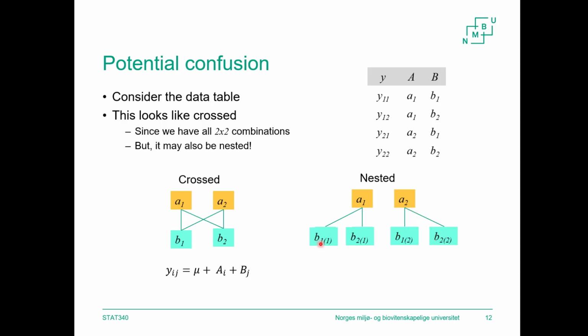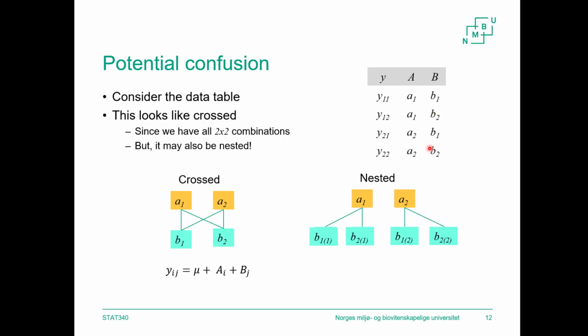And now you can see from the indexing here that this is not the same as this, right? Because this is B11, this is B12. There are actually 4 levels here, 4 different levels of B. But it doesn't look like it when you look at the data table here.